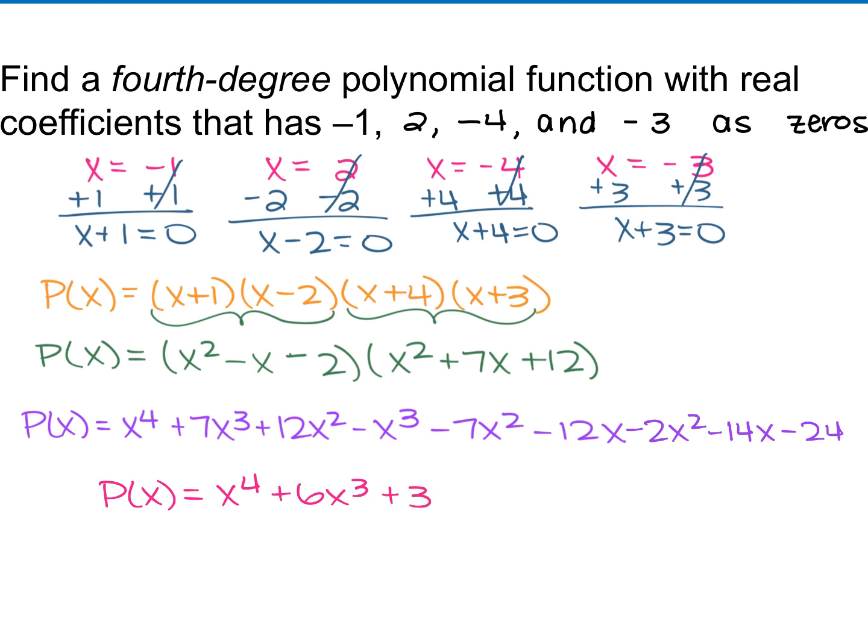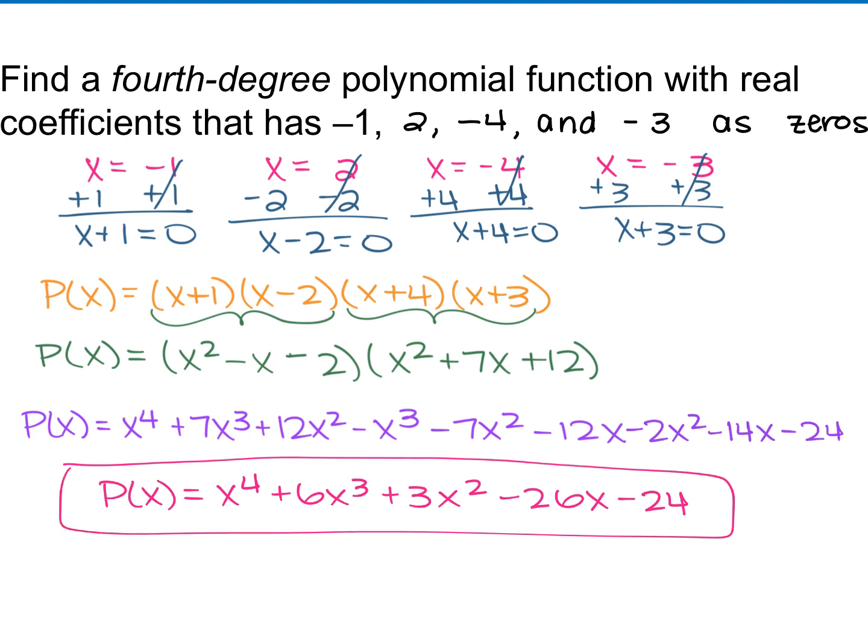So that's a positive 3x squared. Next is our x's. So we have a negative 12x and a negative 14x, which is negative 26x. And lastly, our constant of negative 24. So all together, that gives us p of x is equal to x to the 4th power plus 6x cubed plus 3x squared minus 26x minus 24.